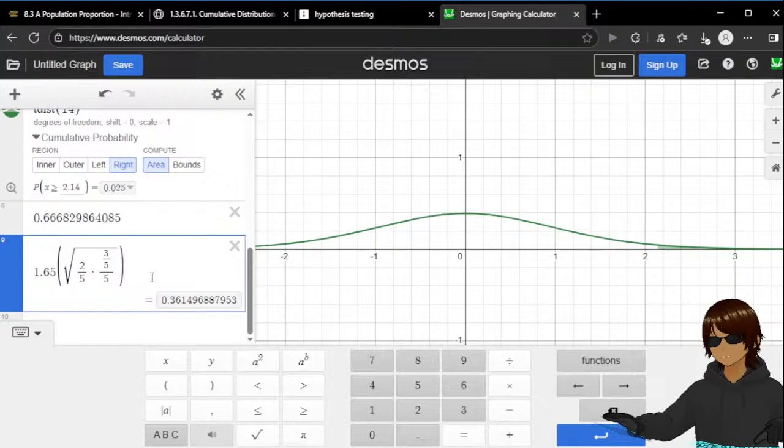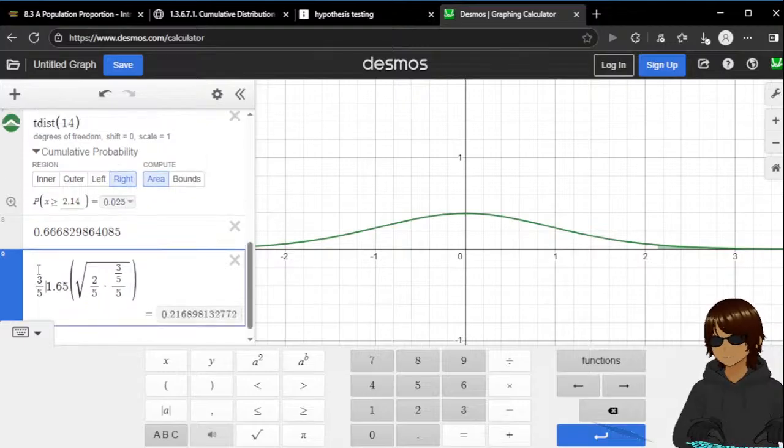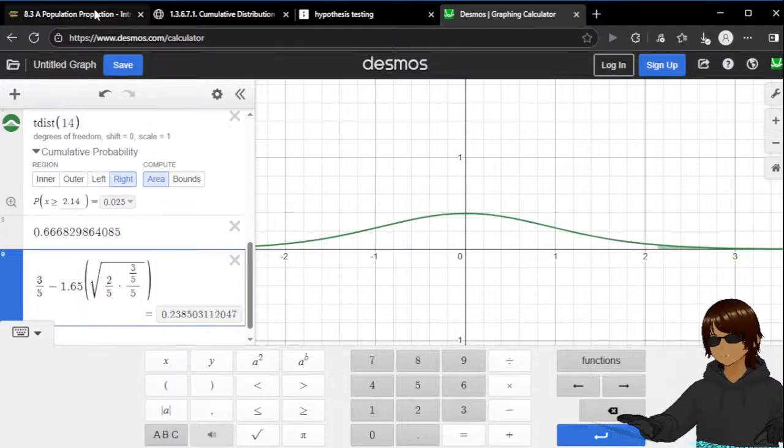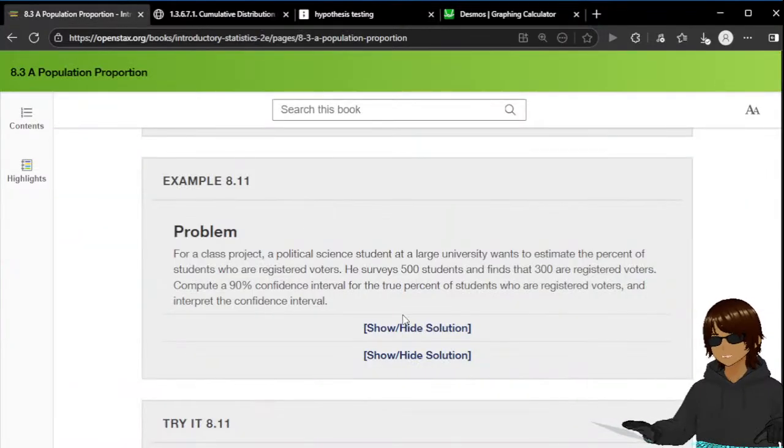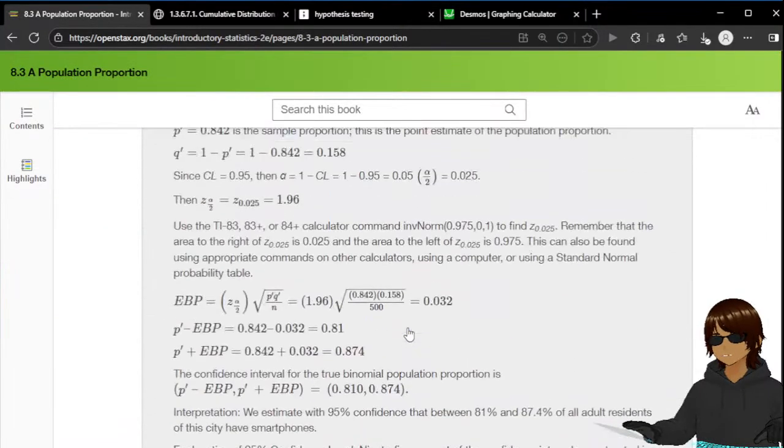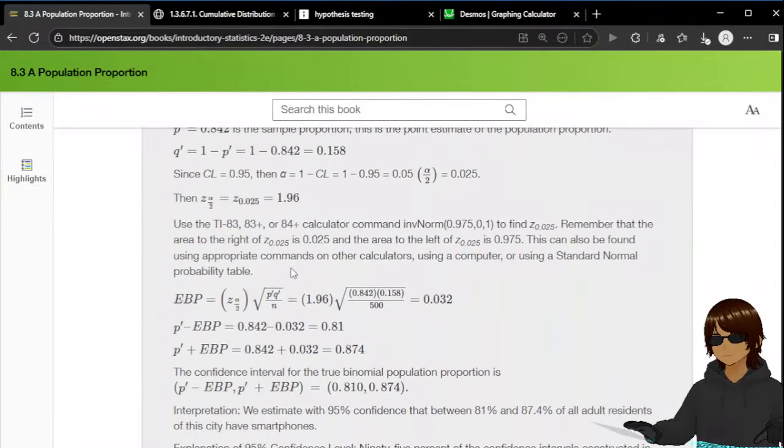And then the probability of success 3 over 5. So 0.2385. What? 90% confidence interval.